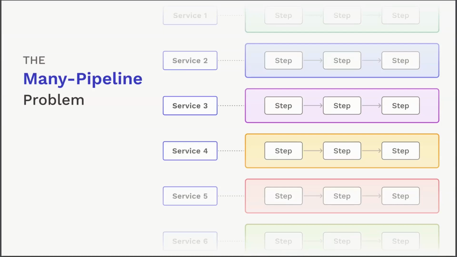This many-pipeline approach gives teams full control over the pipeline and its steps. It can be used by applications with independent microservices managed by autonomous teams. However, for organizations that are smaller or have more centralized management, it can be a nightmare to maintain tens or hundreds of individual pipelines along with their configuration files.